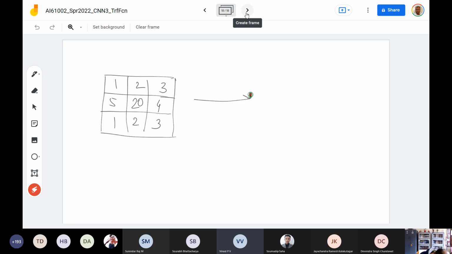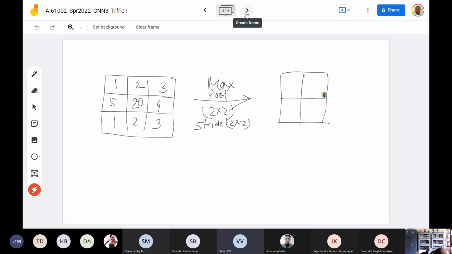If I do a max pooling 2 by 2 with stride 2 by 2 over here, what will you get? It's supposed to be a 2 by 2 matrix, where you will have 20, 20, 20, 20.